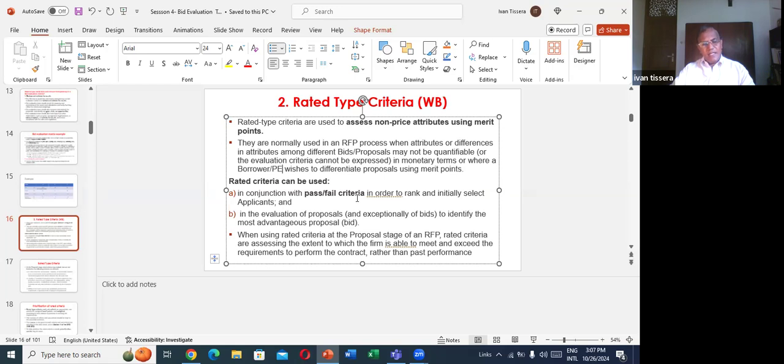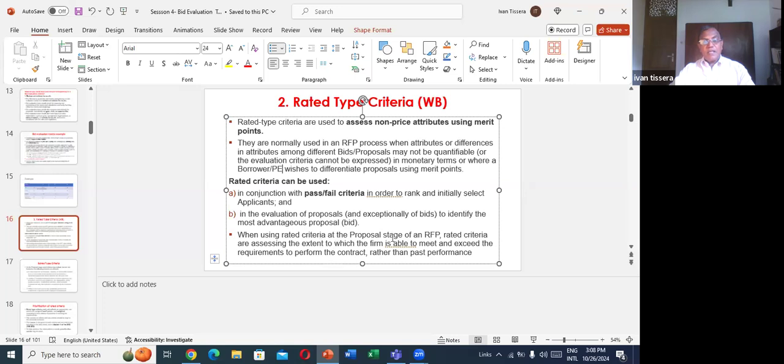The other stages, we use the merit points, right? The conjunction, whether we pass, in order to rank the initially selected applicants. So that is using pre-qualification. In the evaluation of proposals, exceptionally of bids, to identify the most advantageous bid.